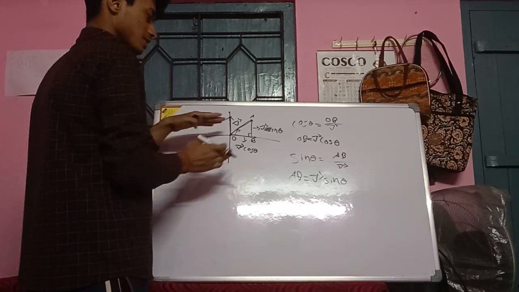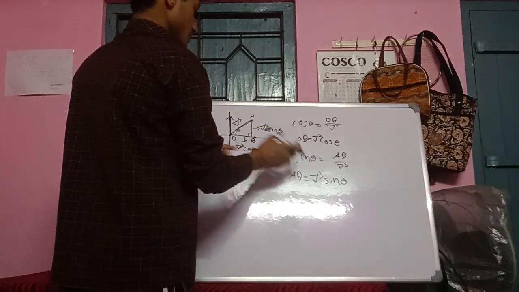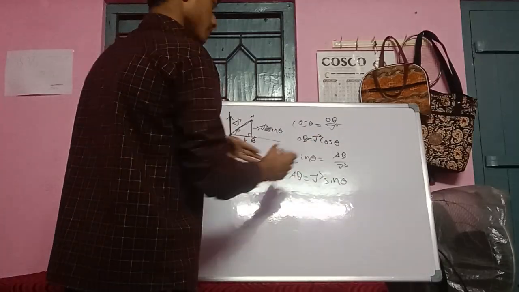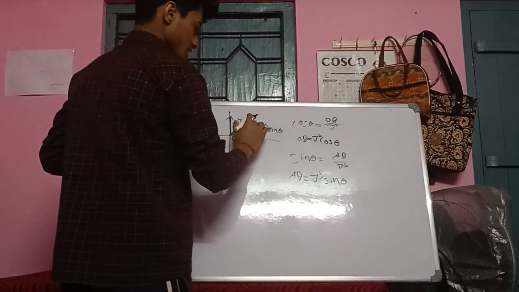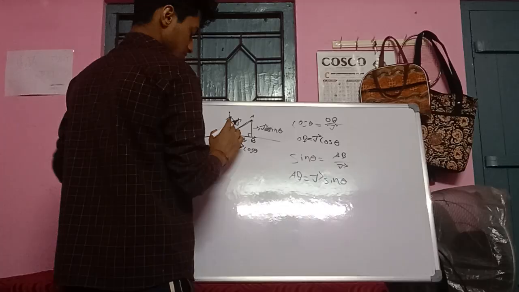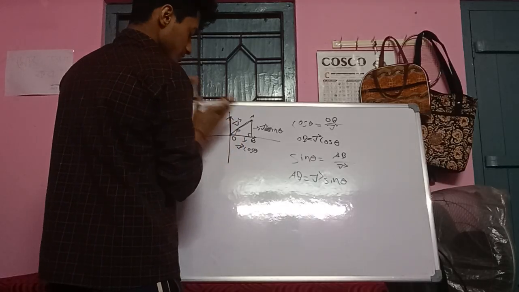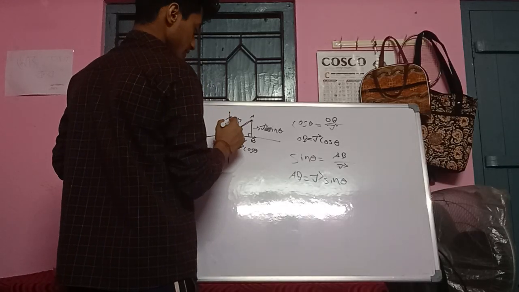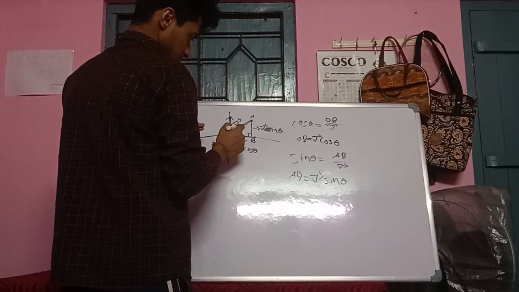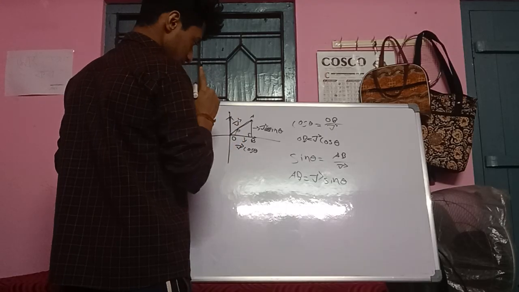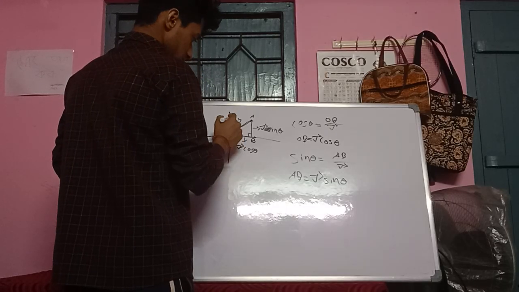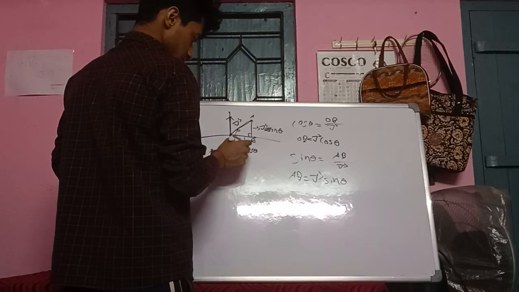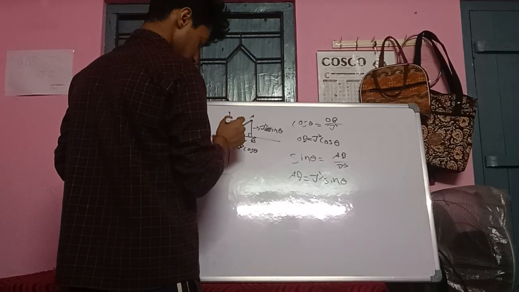Now you might be asking, sir, according to what I have calculated here, this line should be V vector sine theta, but when we're trying to decompose a vector, we take the other component of the vector, which is not alongside the angle theta.